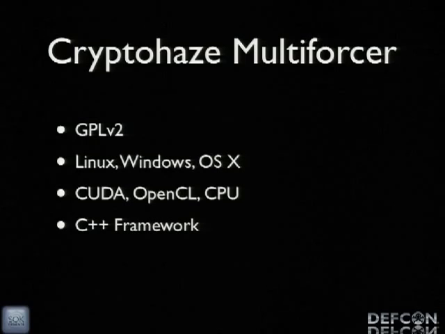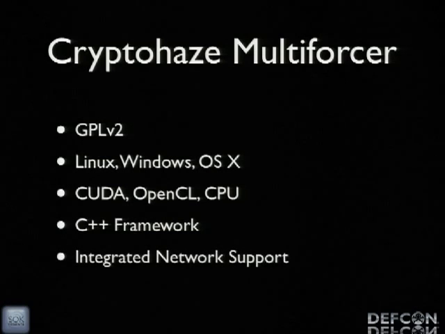So to add a new hash type of an existing implemented variety, say just a plain unsalted hash, once you've written your device kernel, there's very, very little glue code that you have to write on the host side to add it to the framework and begin cracking. And it has integrated network support. Unlike a lot of the other tools where there are third-party wrappers, my network support is built in, it's fully integrated with the tools, and it lets you use a whole lot of systems at once.